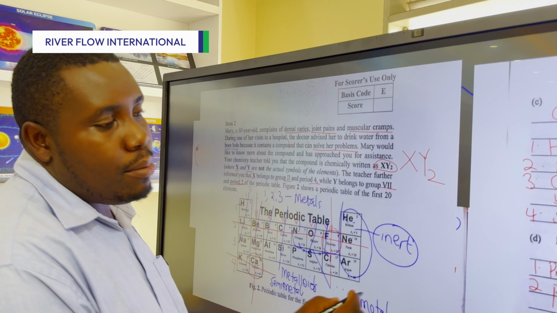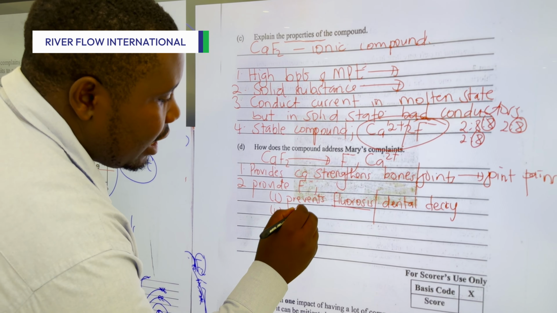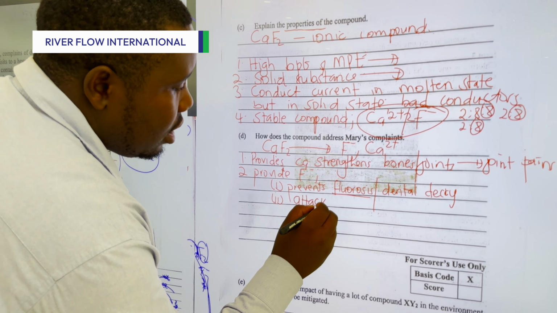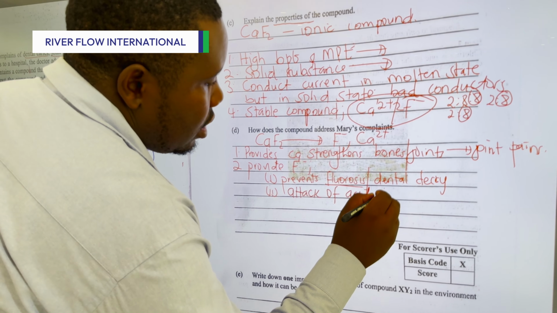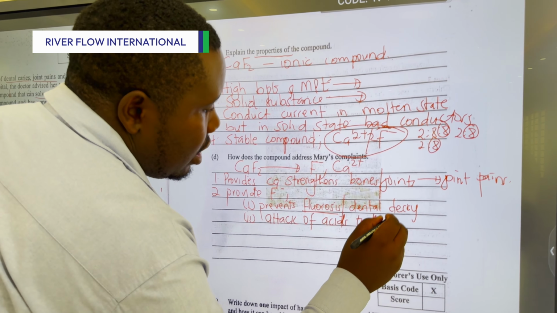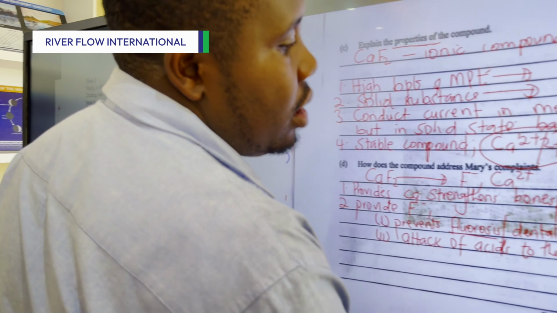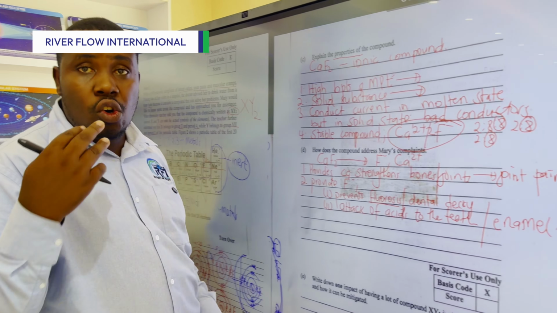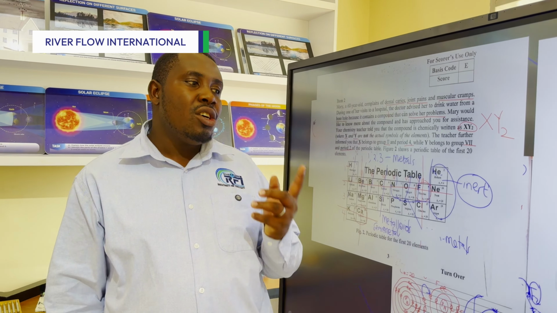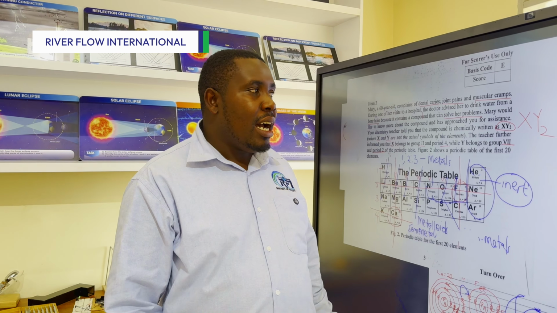It prevents them. But in number two, it prevents attack of acids to the teeth. In other words, it makes the enamel very strong and resistant to acids, and therefore it will not easily be attacked.